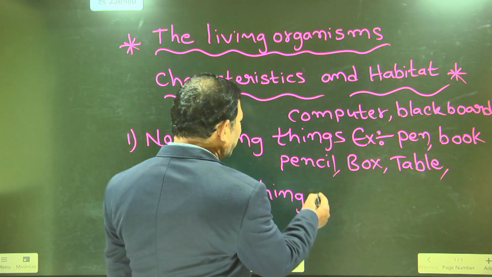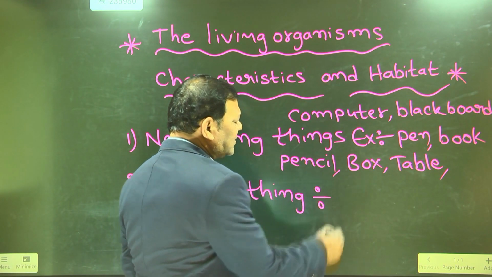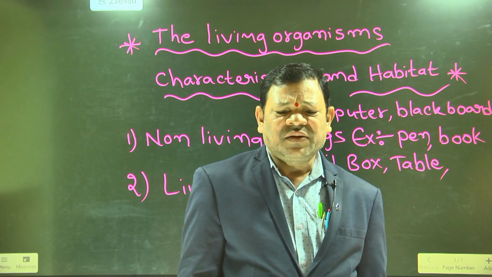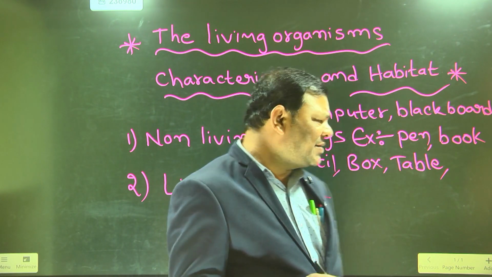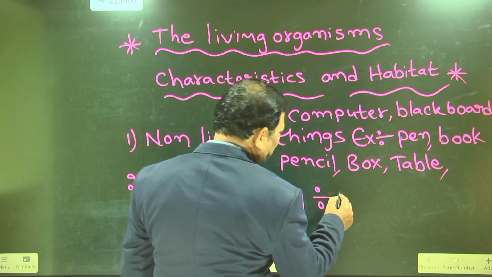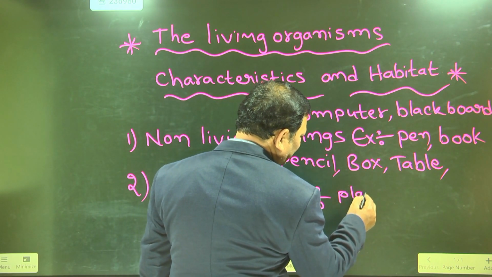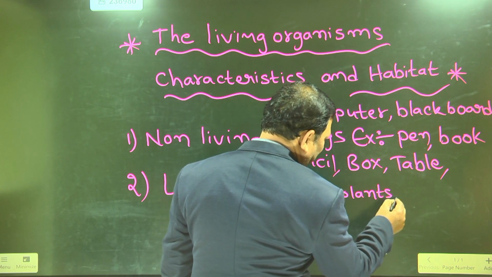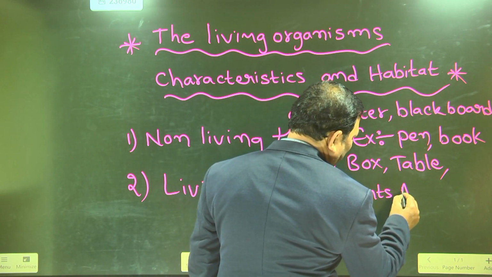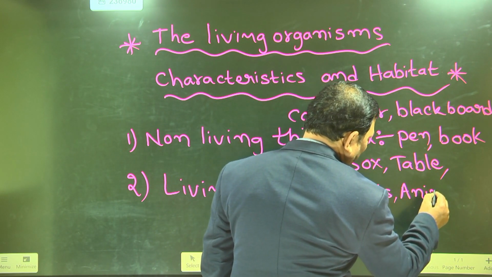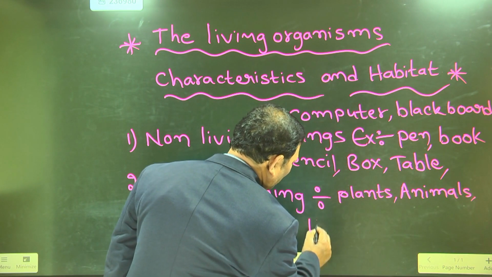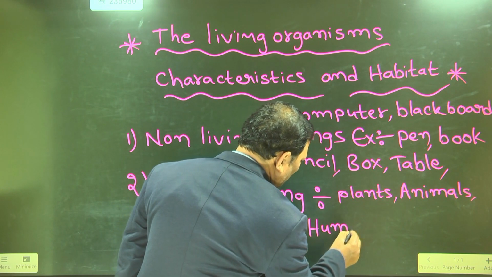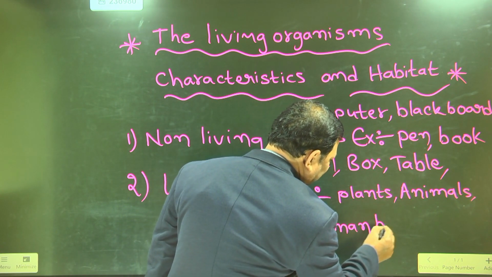Things which have life are called living things. Can you give examples of living things? Examples of living things: plants, animals, human beings.